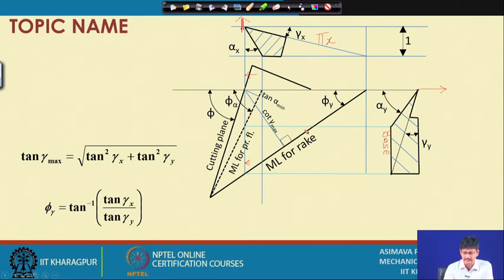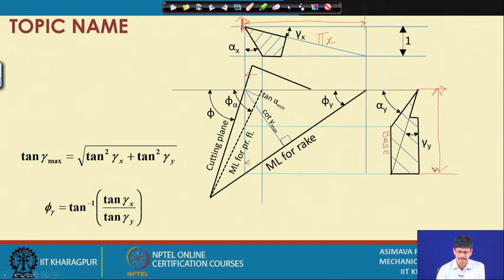So if we extend lines from here, they are going to represent these distances on this particular figure. If we take some other view, the same thing is going to happen.